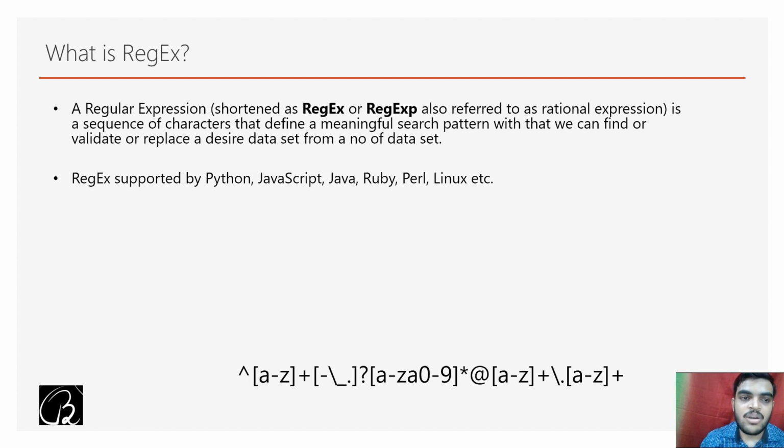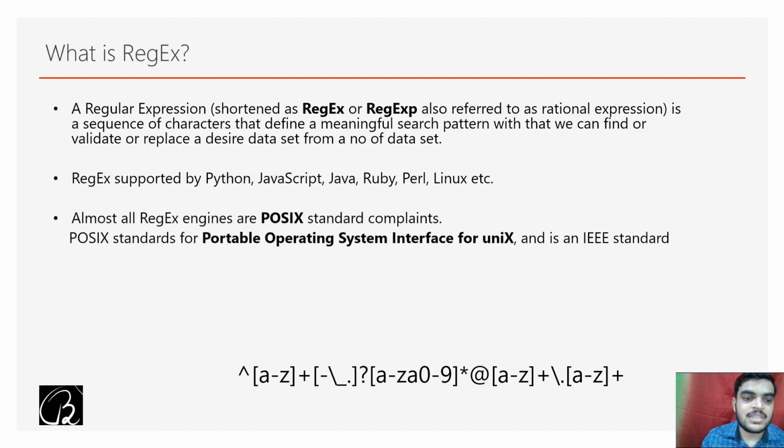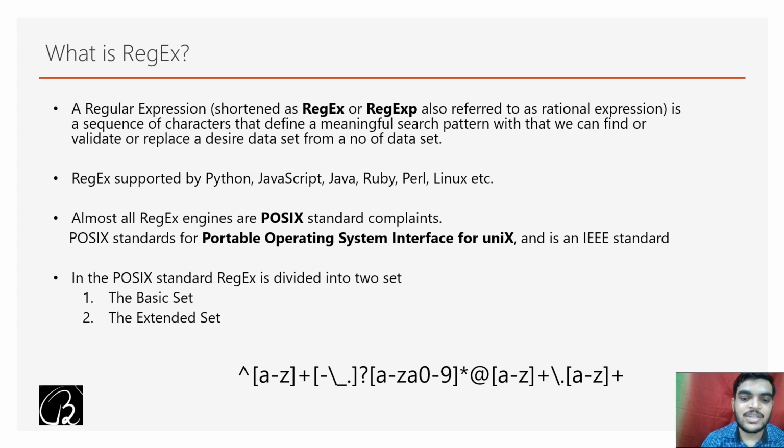Almost all RegEx engines follow a standard called POSIX, which means Portable Operating System Interface for Unix. It's an IEEE standard, and according to the POSIX standard, it is divided into two sets. One is the basic set and the second one is the extended set.